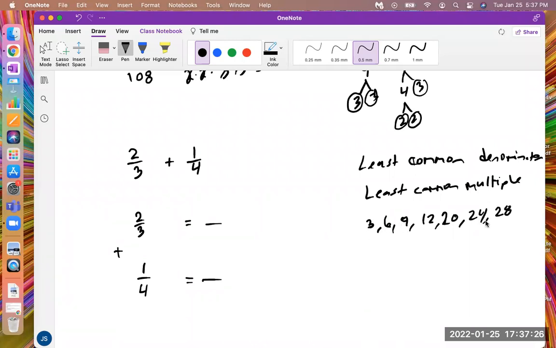Okay, so list all the multiples of 3 and then list all the multiples of 4. 4 times 2 is 8, then 4 times 3 is 12, 4 times 4 is 16, 4 times 5 is 20, 4 times 6 is 24, and so on. Now, a common multiple would be a number that's listed in both this list and in this list. So we see some common numbers here, like the 20 is listed in bold and the 24 is actually listed in bold.